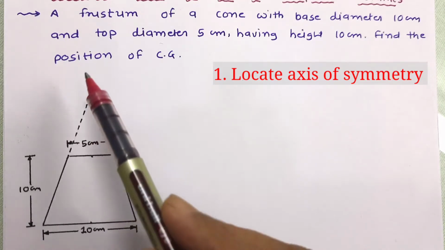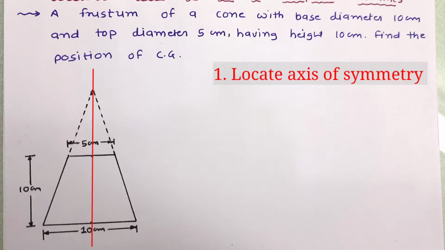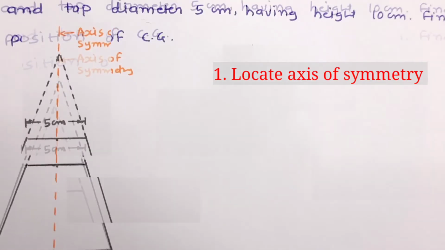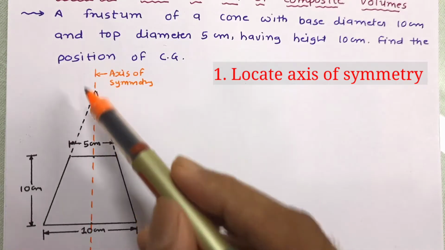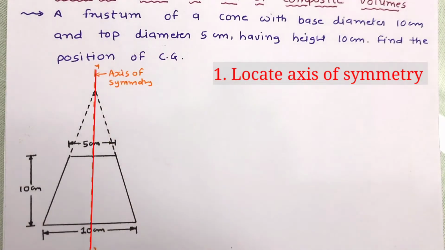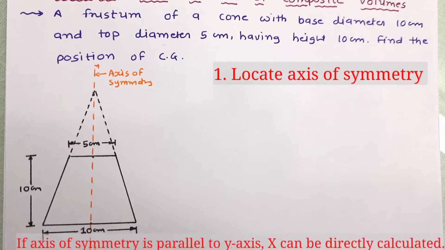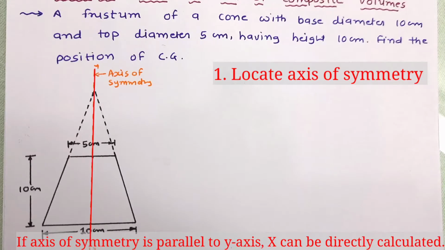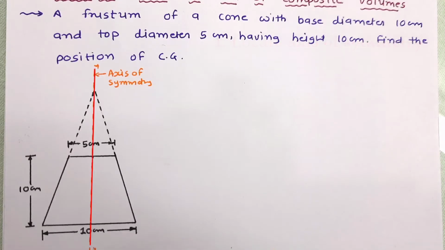If we closely observe the figure, we can find an axis of symmetry parallel to the y axis. So let us draw the axis of symmetry first. Here this axis is the axis of symmetry which is parallel to y. So it's clear that when the axis of symmetry is parallel to the y axis, x bar can be easily determined.